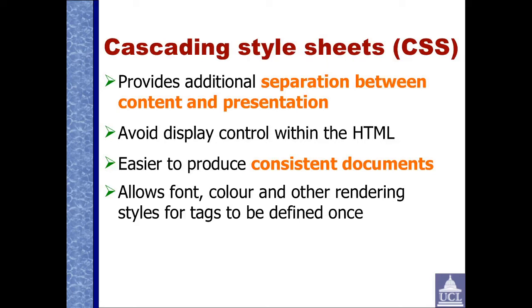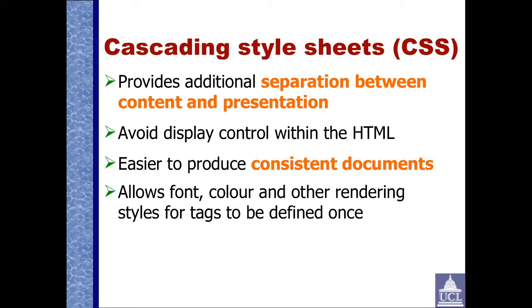Cascading style sheets, or CSS, provide this extra level of separation between content and presentation. What you're trying to do with CSS is to avoid controlling how you display text within the HTML itself.